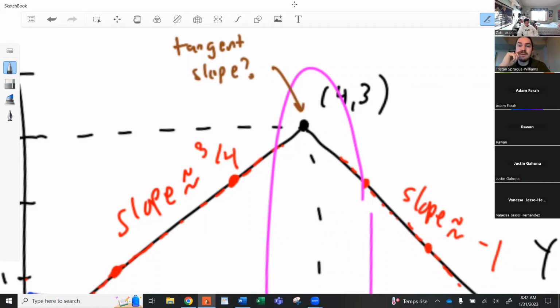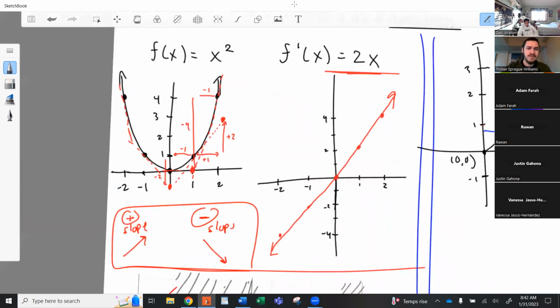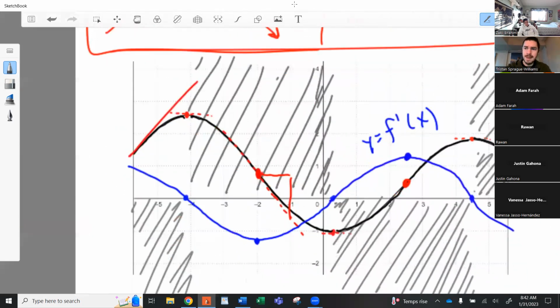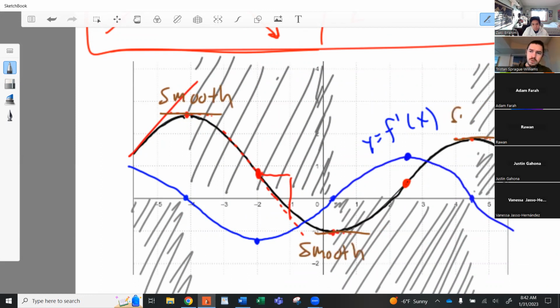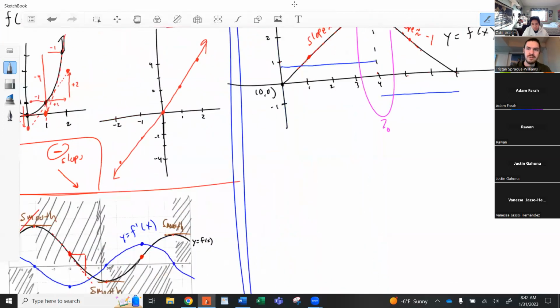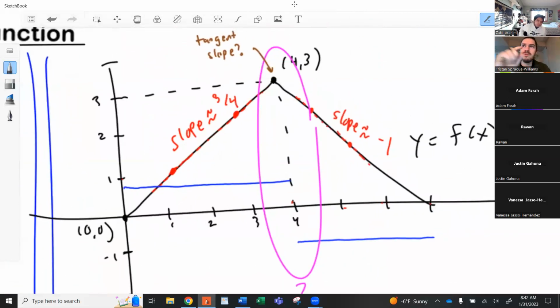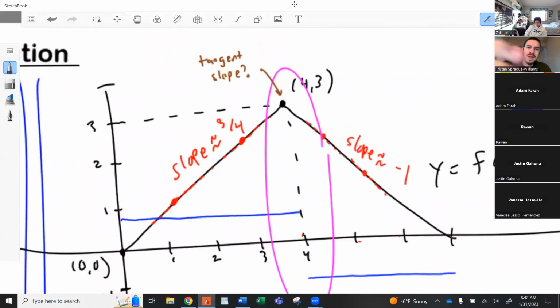Zero is not a bad guess because whenever we had a maximum or minimum before, it was 0. The difference is that these maximums and minimums are smooth. I remember we learned that there's no tangent line for a point like that. That's correct. Yes, we talked about this very early on, right? When we first started talking about tangents at the beginning of the semester. So tangent slope is undefined.